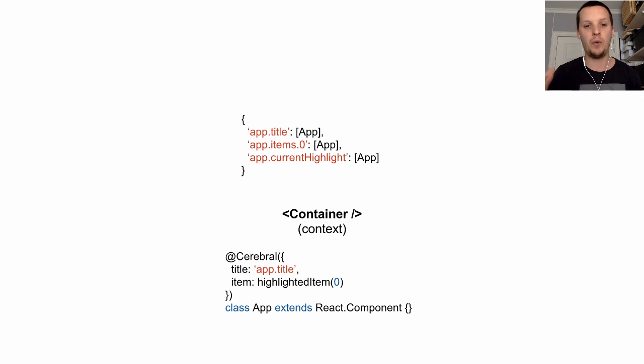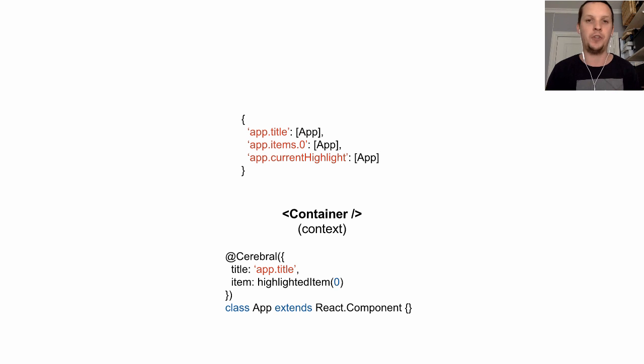So this is how the container becomes this puppet. It knows when components are mounted and unmounted, and it just updates this map of state paths against components. And it has complete control of React. So actually, when you add this Cerebral decorator, the component doesn't render at all.